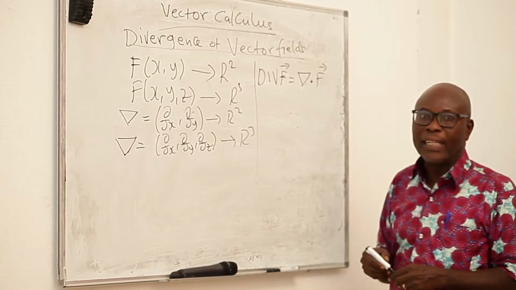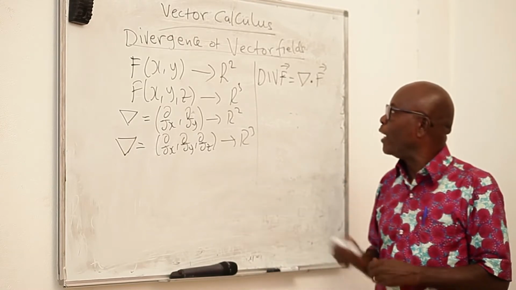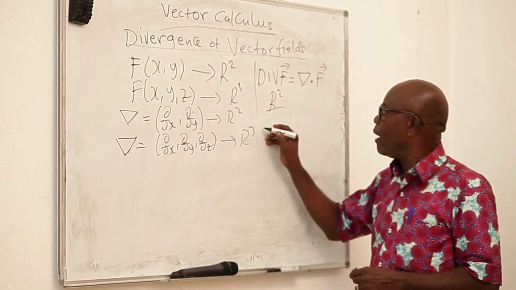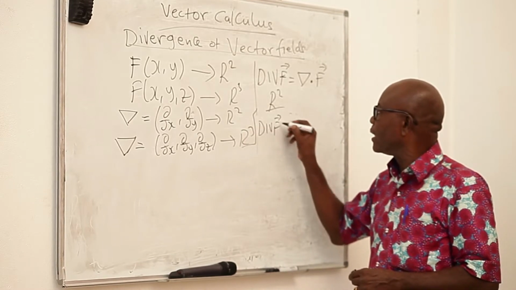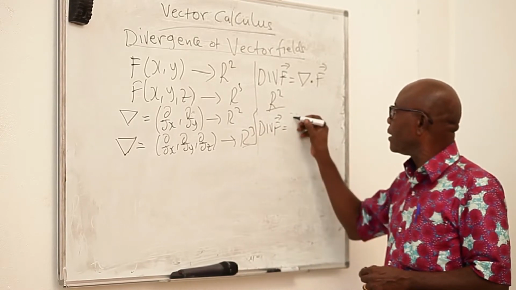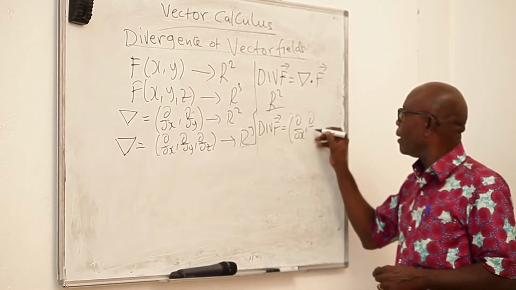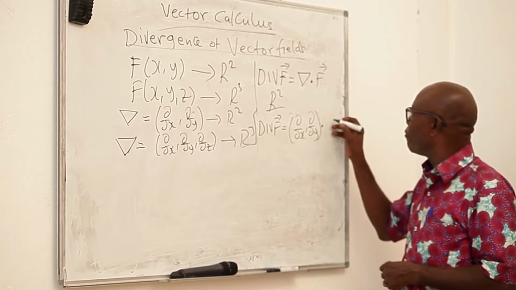If we are talking of two dimensions, then our divergence is given as partial x, partial y, then dot f.